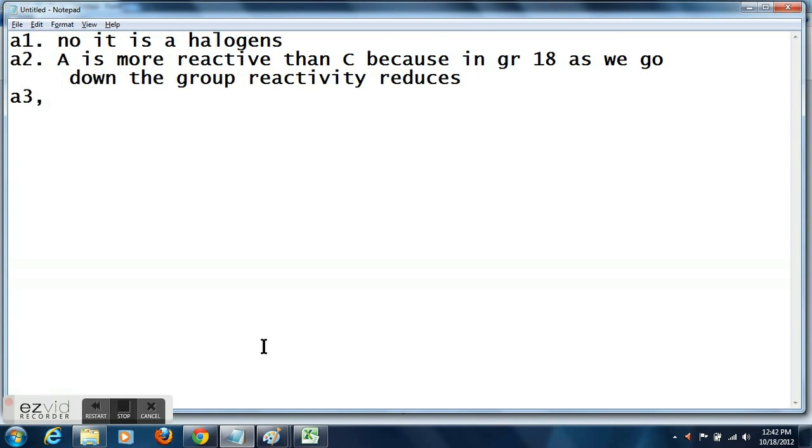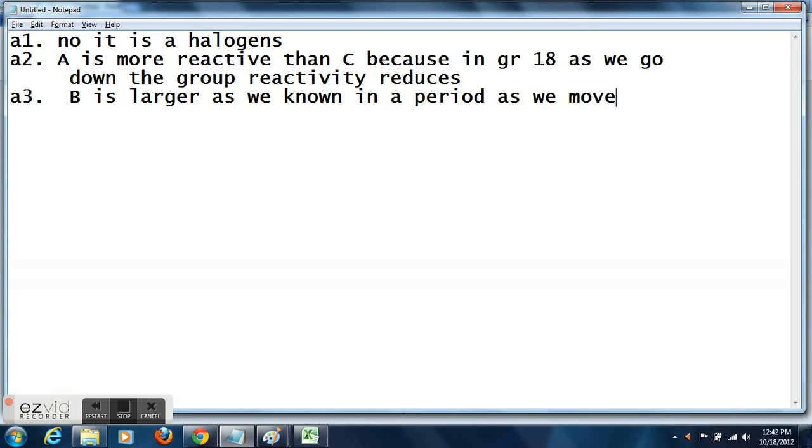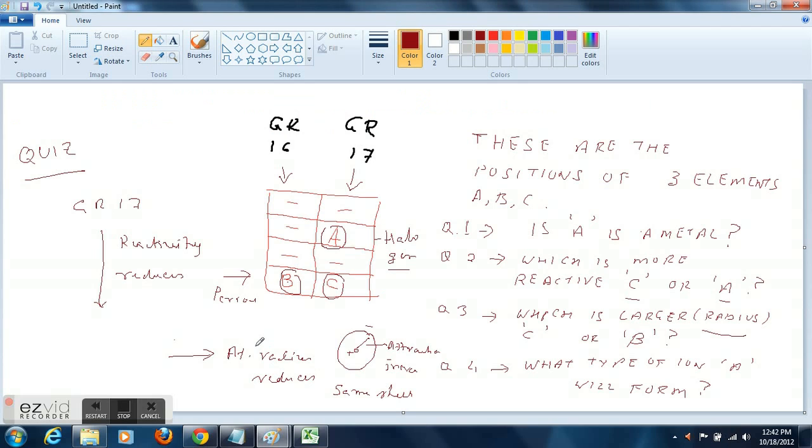So answer will be: B is larger, as we know, in a period, as we move from left to right, atomic radius decreases. Clear? Because electrons are more, in the nucleus proton is also more, so attraction is more, the size will compress, size will reduce.